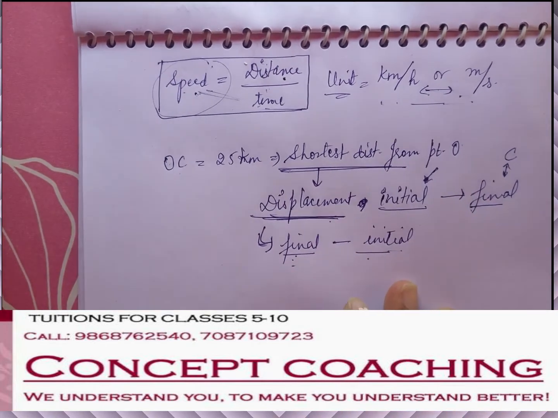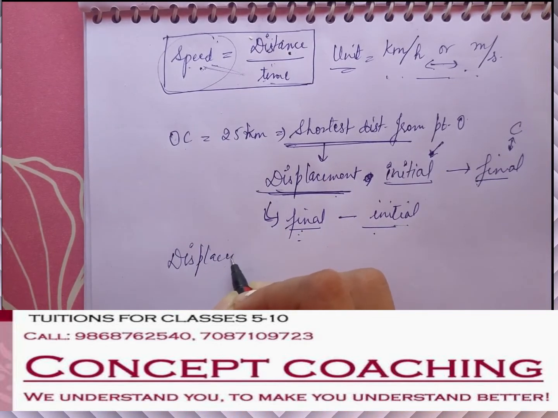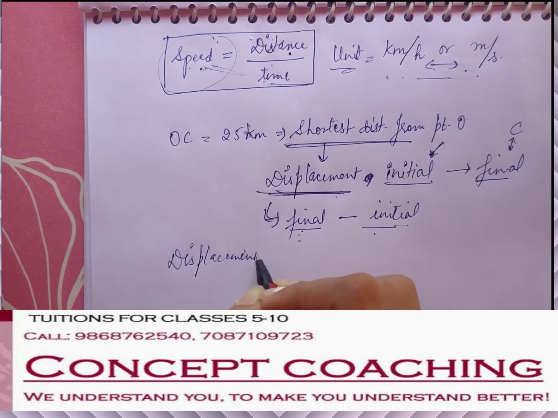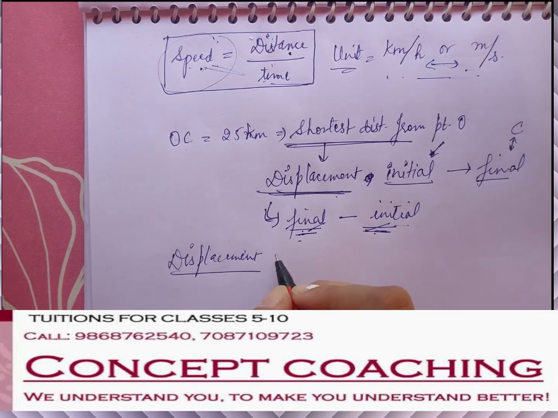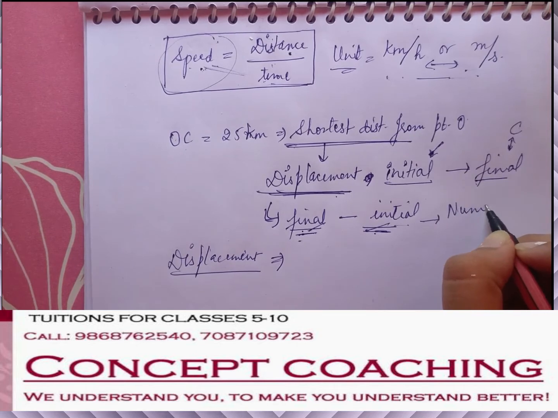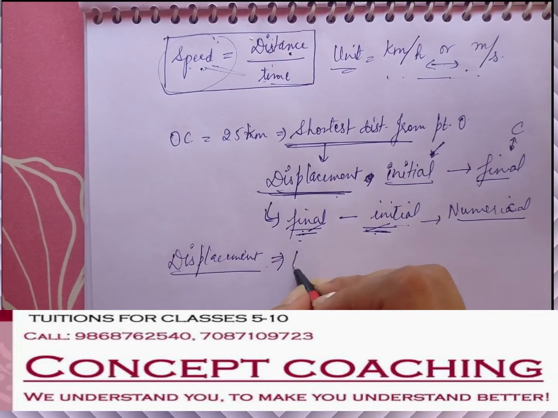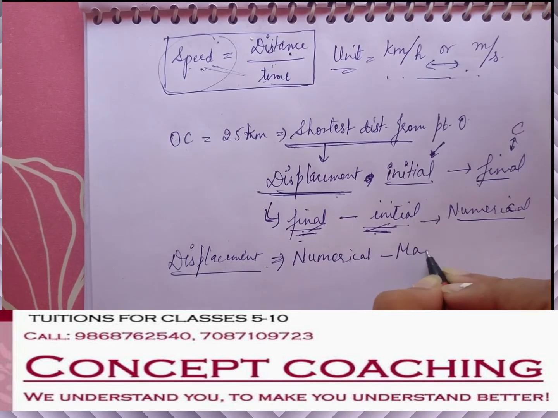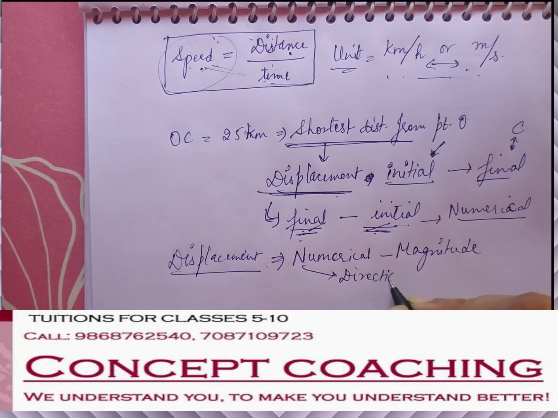Displacement has a magnitude, as we get some numerical value when we subtract the initial distance from the final distance. But in the case of displacement, there is a magnitude as well as a direction.